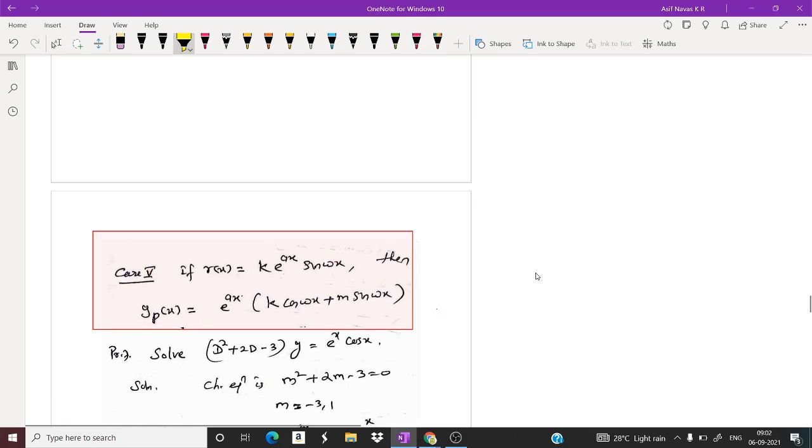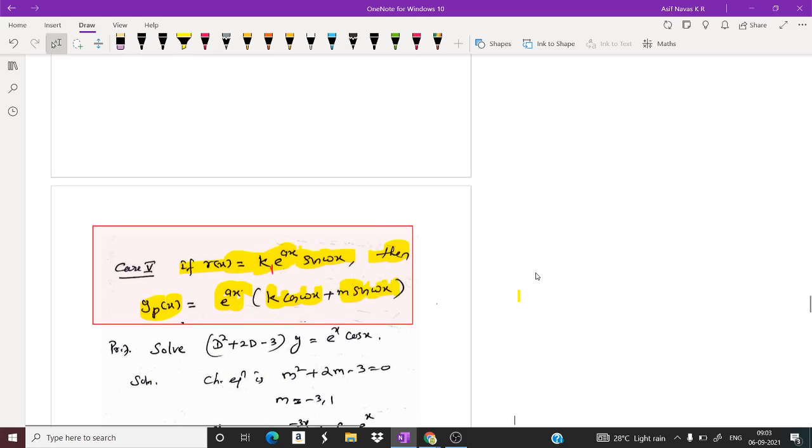If r of x is equal to k1 e raised to alpha x, or e raised to ax sin omega x, then also yp is equal to e raised to ax (k cos omega x plus m sin omega x).